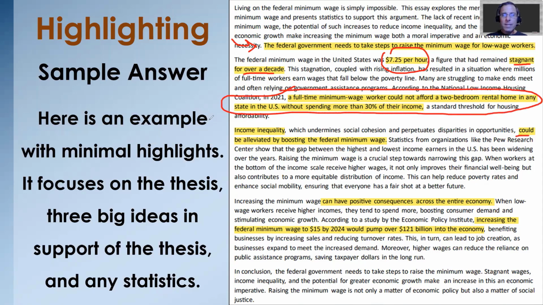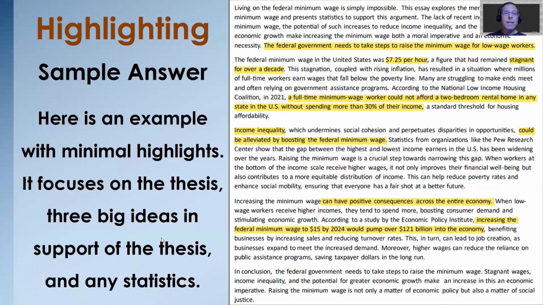Again, you can look and see that all the big ideas, all the topic sentences have been highlighted in my writing. And I've also gone to great lengths to highlight any key details, any supporting details that include relevant statistics.